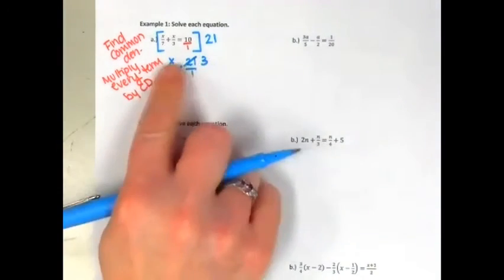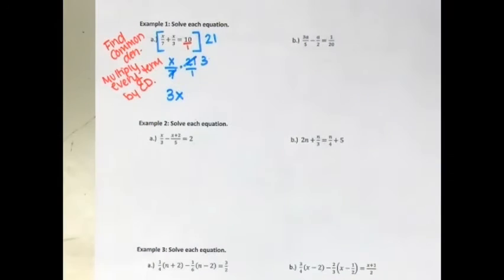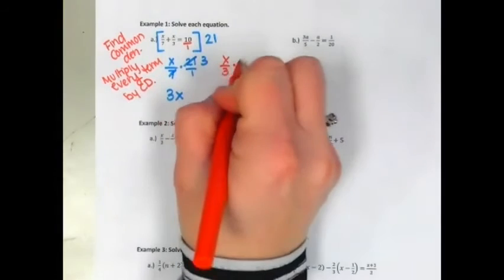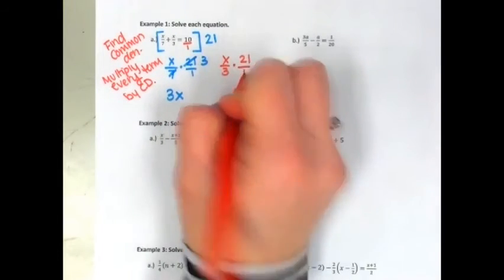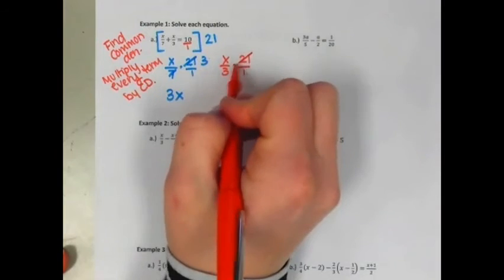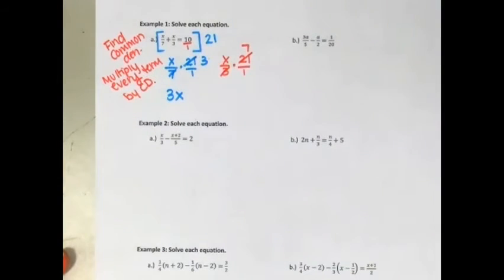So what is 3 times x? 3x. Now, if I take x over 3 times 21 over 1, what happens to that 21 and 3? It cancels down to 7. And what's x times 7?